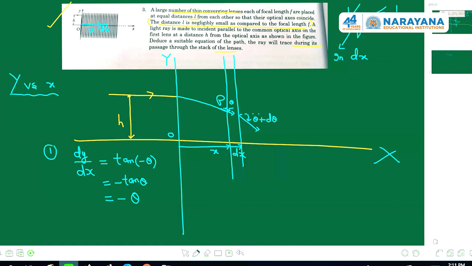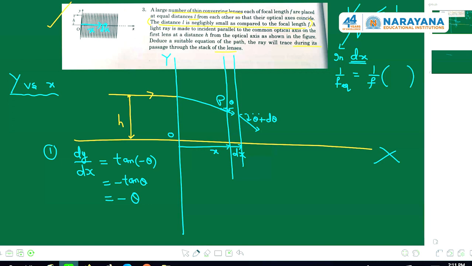So technically, I should write 1 upon f equivalent in that dx to be equal to these 1 upon f terms. The only catch is, you need to count the number of terms of 1 upon f in that thickness dx.